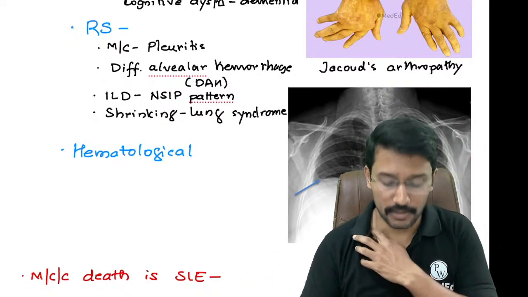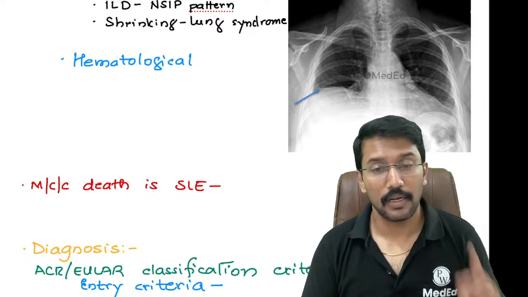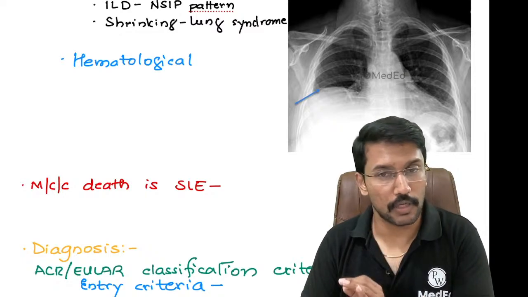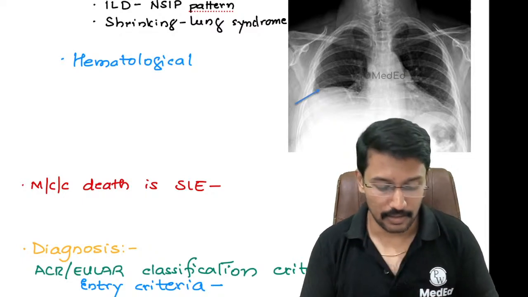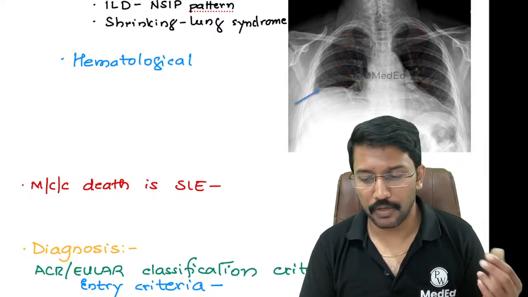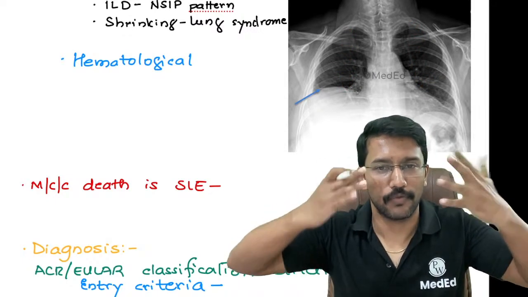How do we identify it? Whenever they say that an SLE patient presented with shortness of breath, and there are no findings suggestive of interstitial lung disease or diffuse alveolar hemorrhage on the X-ray, the lung fields appear normal, but the diaphragm is elevated. Why is the diaphragm elevated?